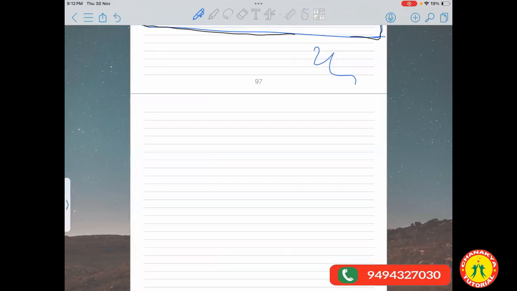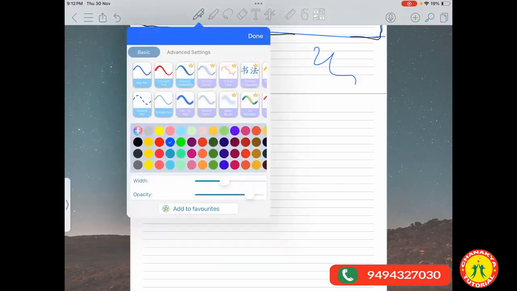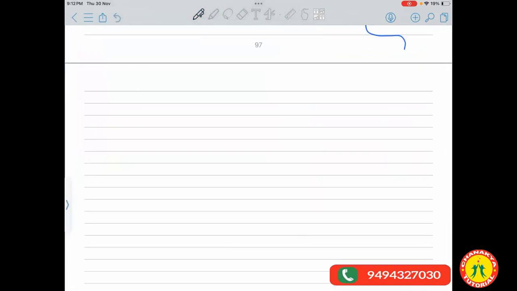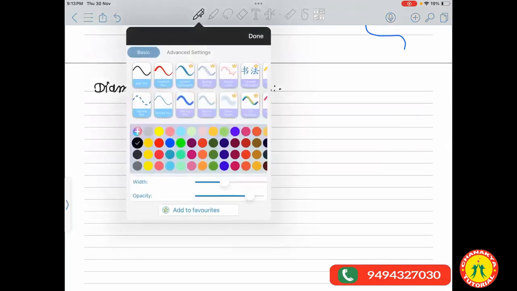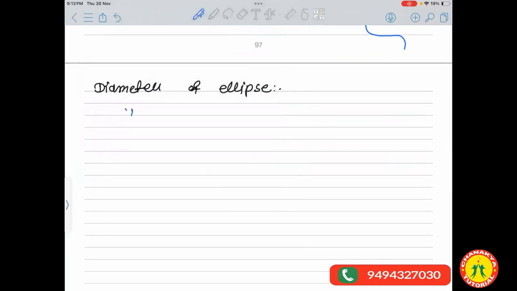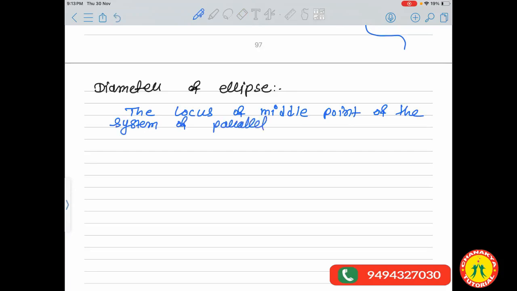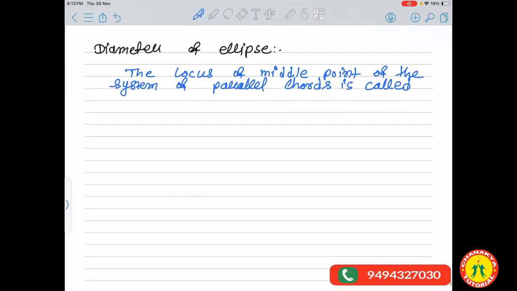Now the last topic, that is the diameter of the ellipse. I have taught the diameter in the parabola and circle also, right? So in the ellipse also, the diameter.